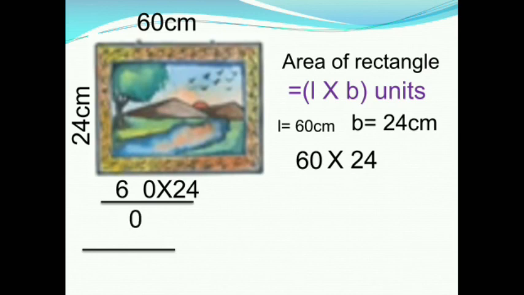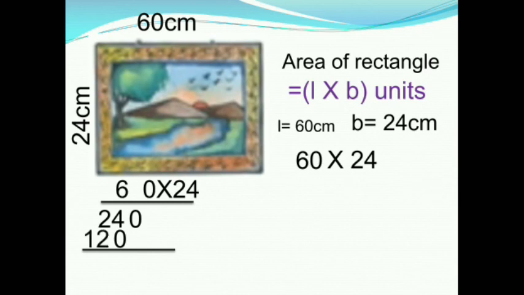Next we should multiply 4 by 6. 4 6s are 24. Next we should multiply 2 and 0. 2 zeros are 0. Write 0 below the 4. Next we should multiply 2 and 6. 2 6s are 12. Write 12 below the 2.